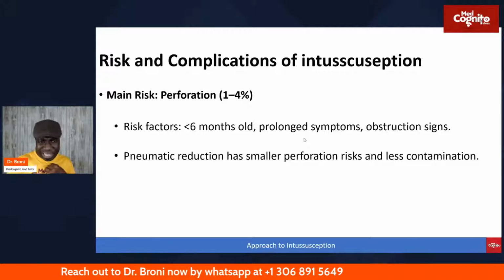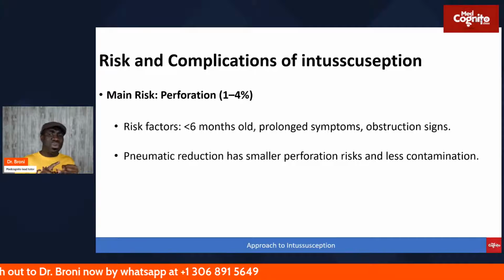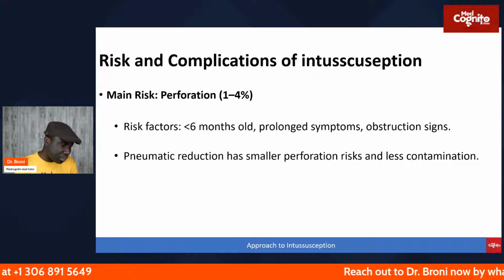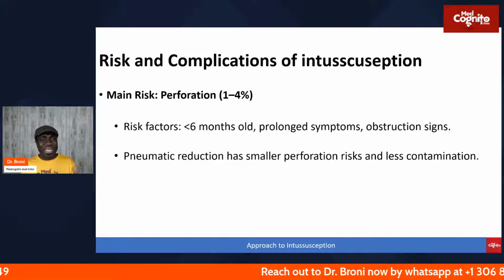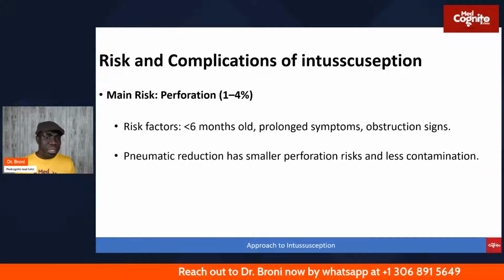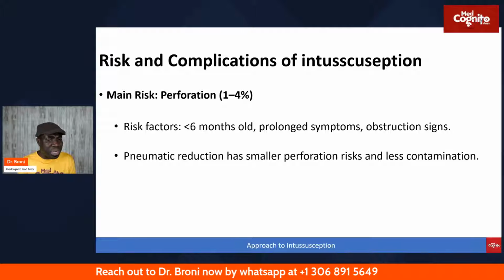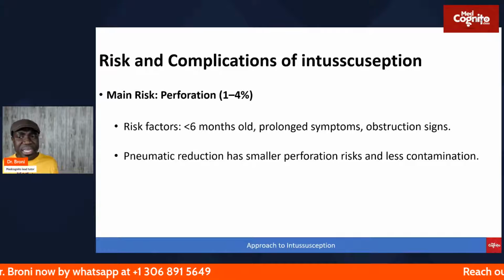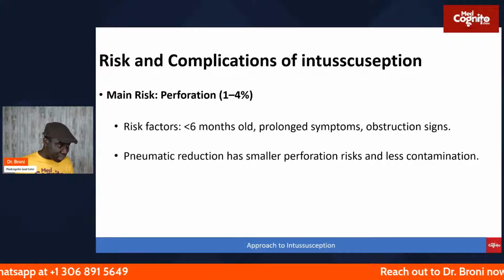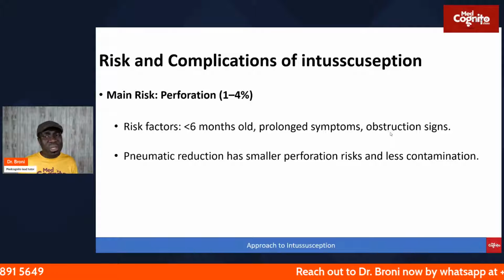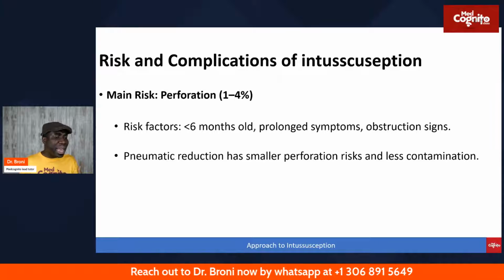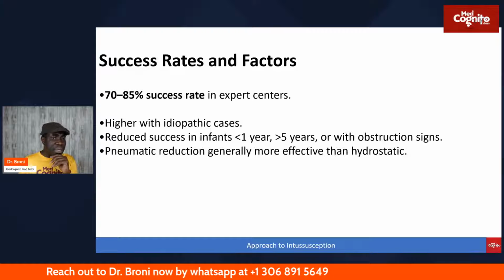If the child is less than 6 months, if there are prolonged symptoms, and if there are signs of obstruction, then there's a likelihood that there can be perforation. Pneumatic reduction, that's using air, has a smaller perforation risk and less contamination. So if you are torn between all the ways of doing it, using air is seen to be very good.